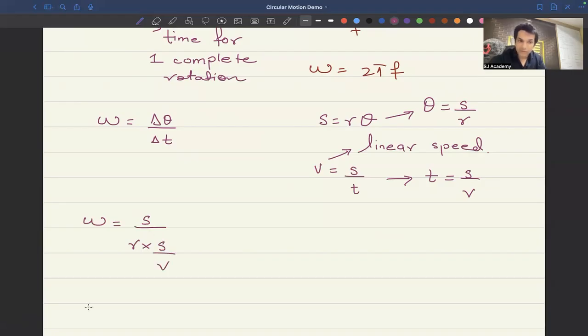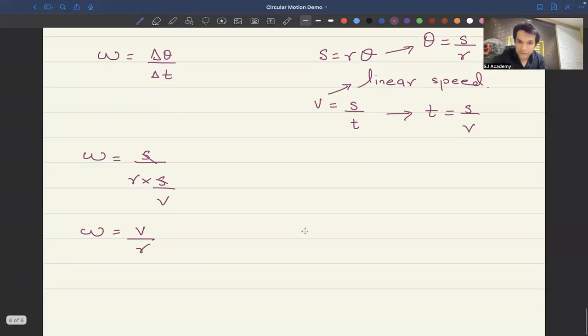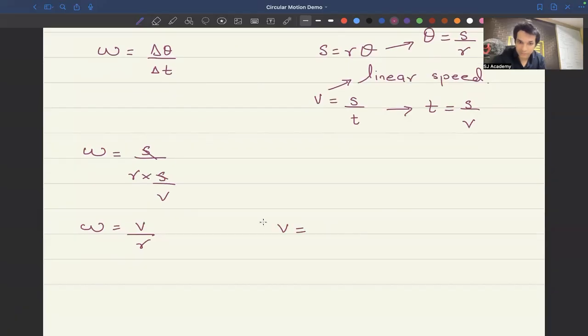This will cancel out, and omega will be equals to, so v will come up in the numerator, so that will become v upon r, and we can also write v is equals to r omega. So the linear speed and the angular speed are related by this formula, which is v is equals to r omega.